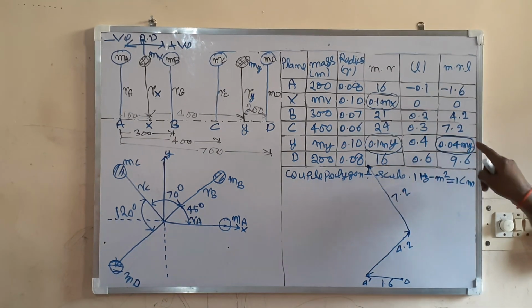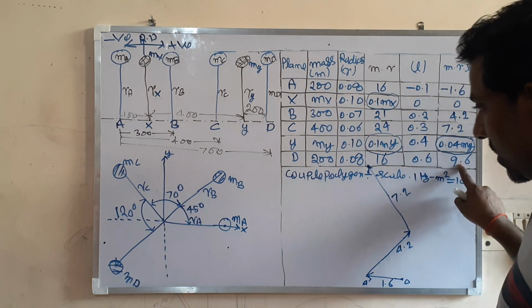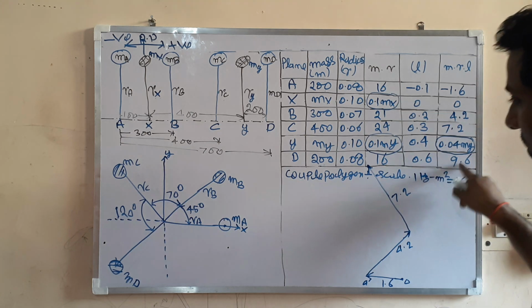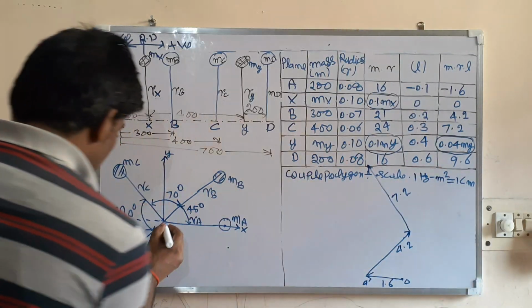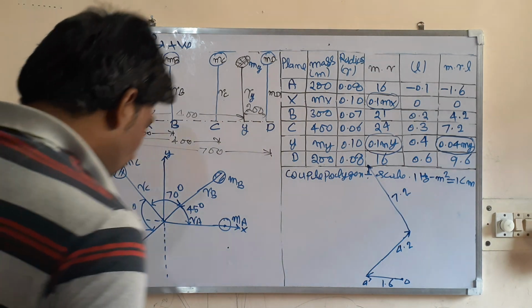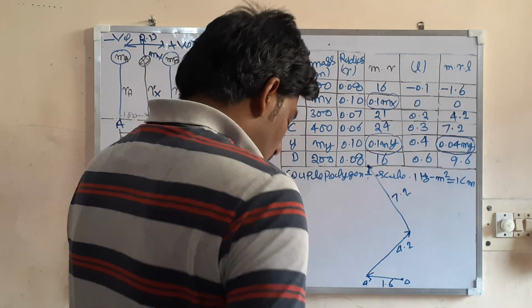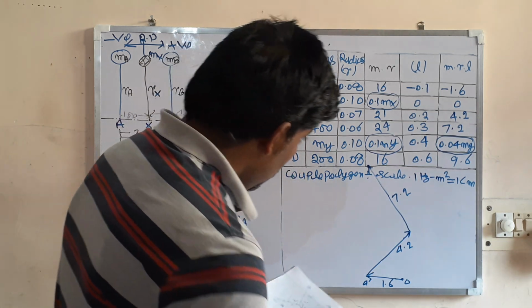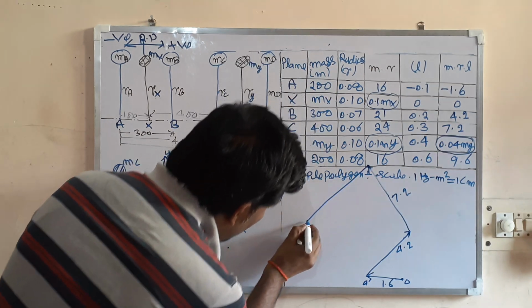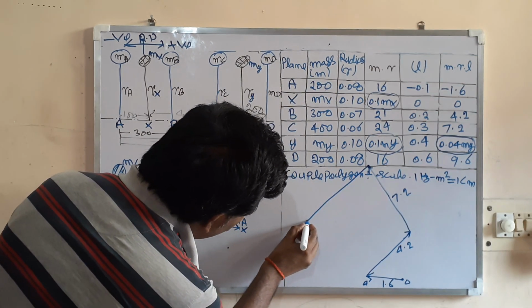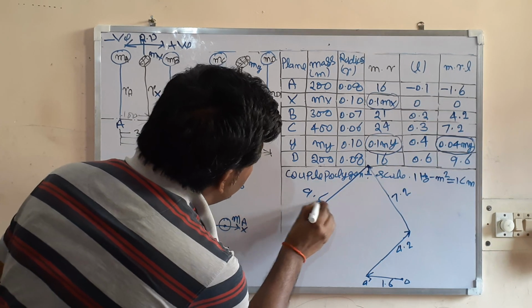This is the unknown, let us leave that. First take the known one. This is 9.6, D is 9.6. Let us see what the direction of D is. The direction of D is here, radially outward, because that is positive. So you get this like that. This is the last one, 9.6.